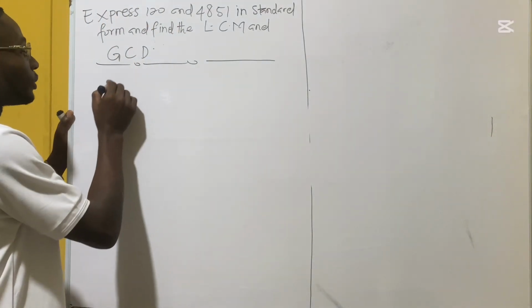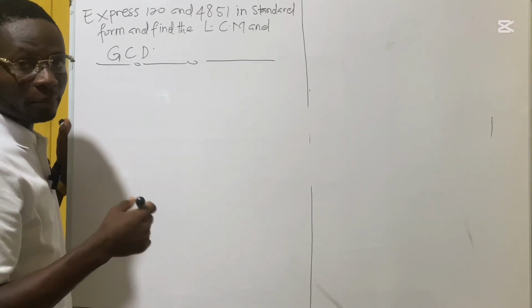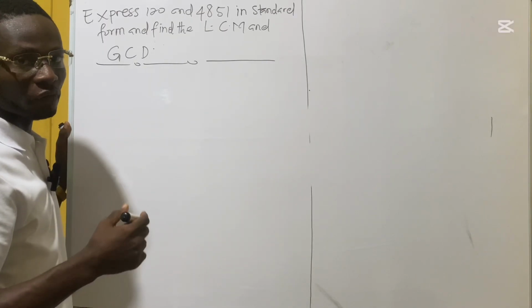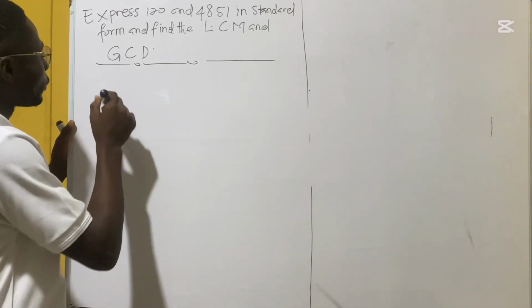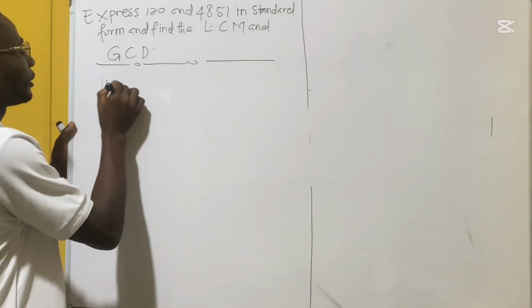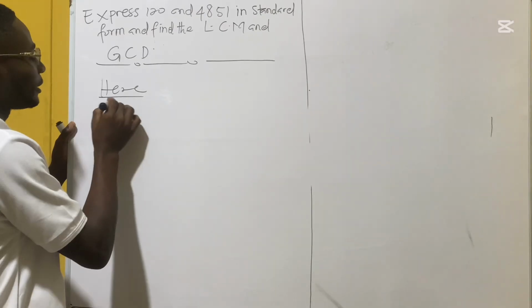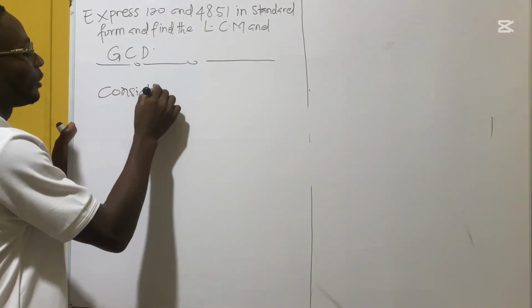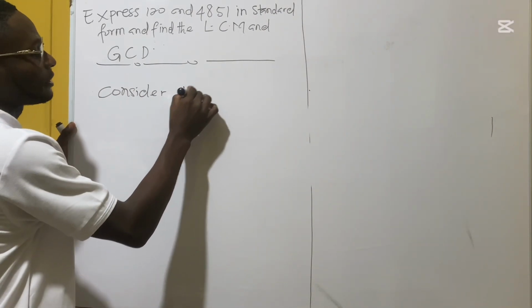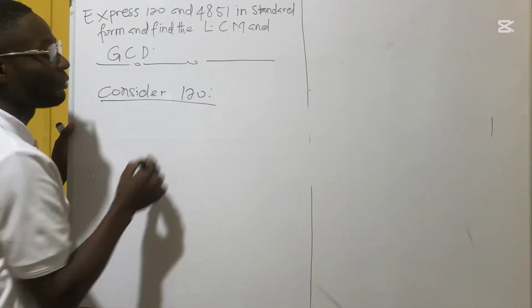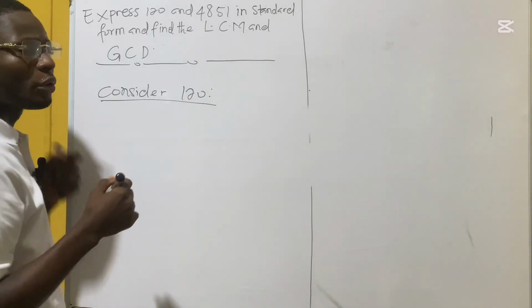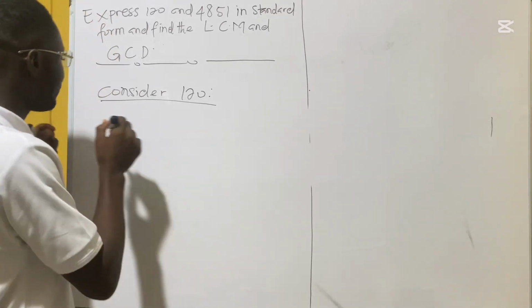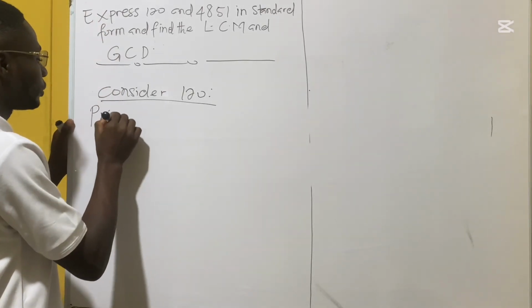So we look for the prime factorization of 120 and 4851 respectively. Let's consider 120 first. When we consider 120, we're going to look for its prime factorization.